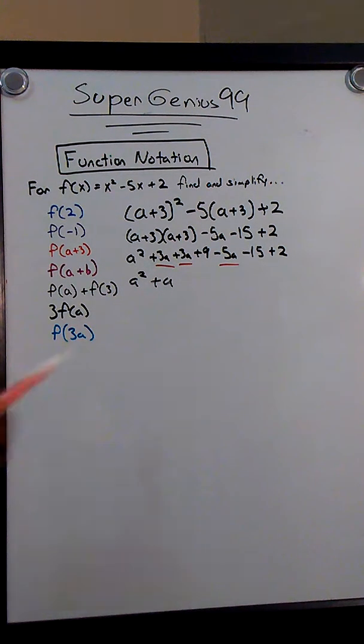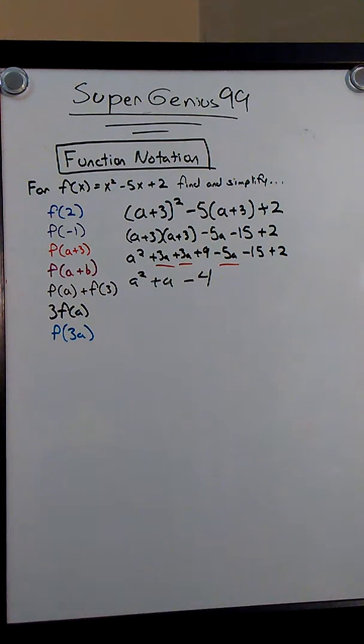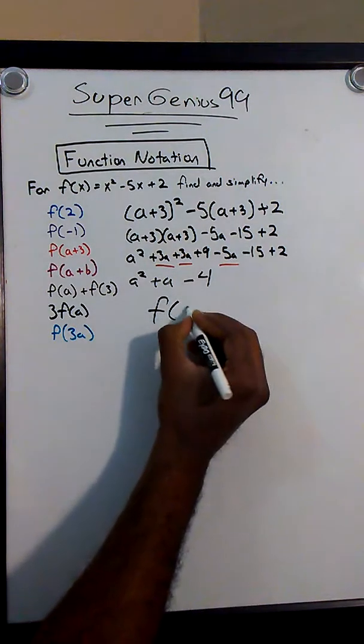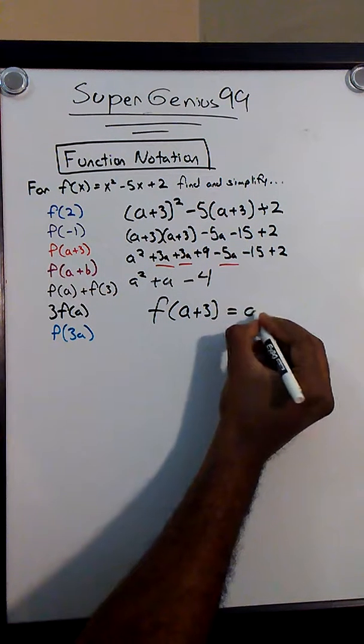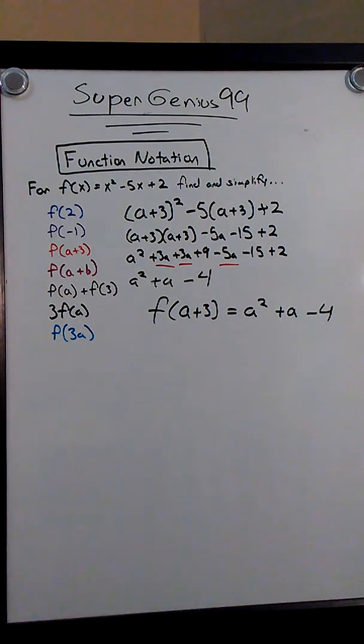And then you have a plus 9 minus 15 plus 2, so what is 9 minus 15 plus 2? Negative 4. Okay, so then that means f of a plus 3 equals that. Okie dokie.